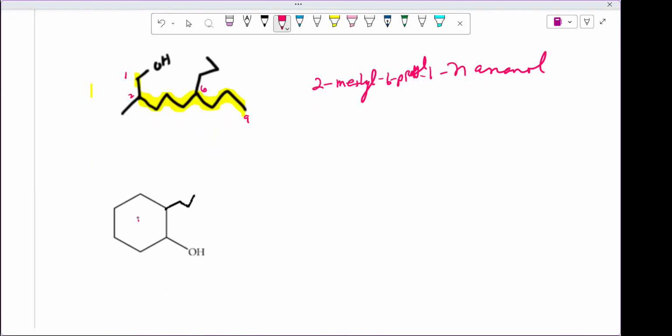So if we start here at the functional group, that's going to be cyclohexanol, and it's 2-propylcyclohexanol. Now, if you put a 1 in front of cyclohexanol, that's fine, but you don't need to put it. It's assumed to be carbon 1 if you put no numbering there.